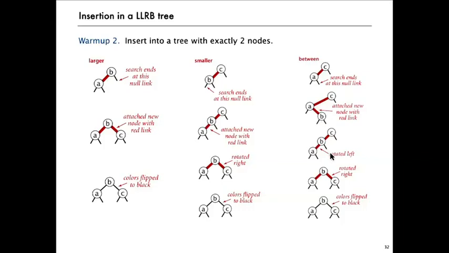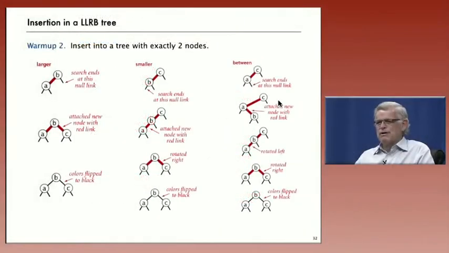And that gives us this, and reduces it to the other situation that we had before. And then we rotate the top link right, and then we flip the colors. So this one we use all 3 of our operations: rotate left, rotate right, and flip the colors. And that gets us an insertion from a tree that is a single 3 node to a tree that is 3 2 nodes containing 3 keys.